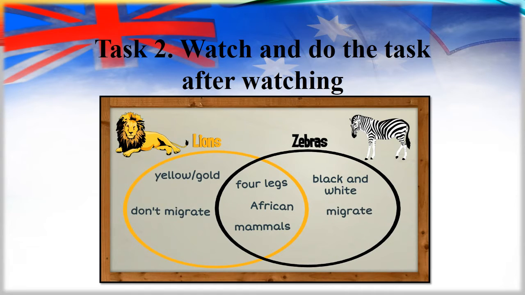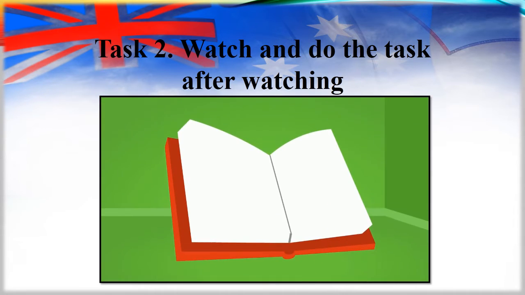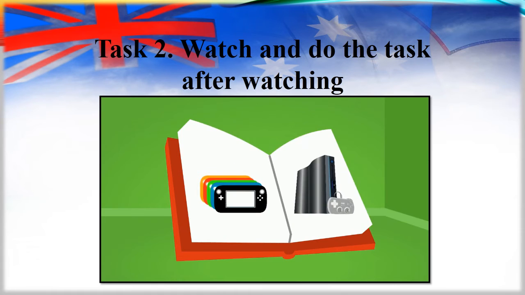Lions eat meat, they're carnivores, while zebras eat plants, they're herbivores. We can use the term comparing more broadly to refer to finding both similarities and differences. Authors often compare and contrast ideas and subjects within texts, and it's our job to make sense of the comparisons they've made.